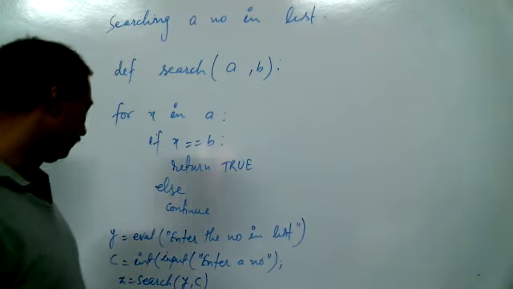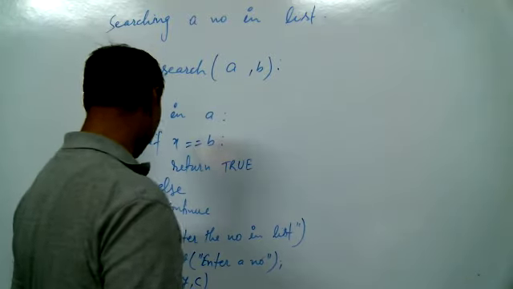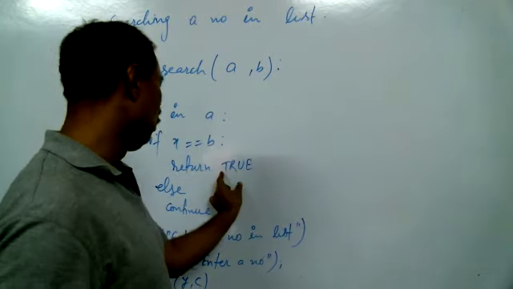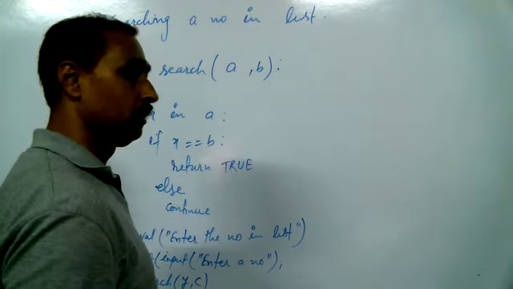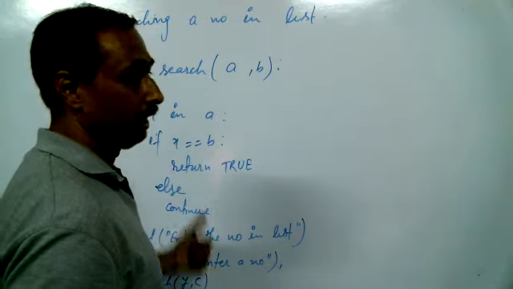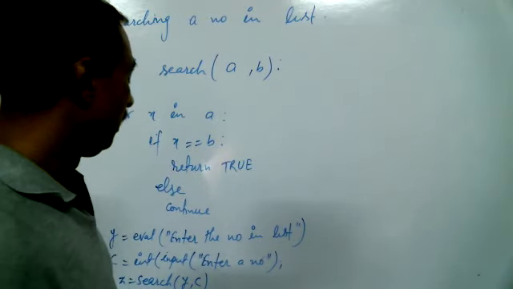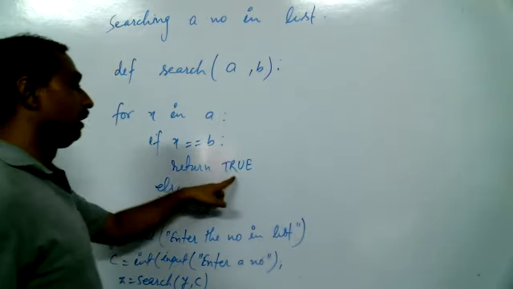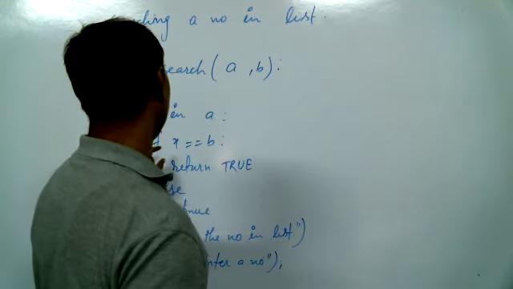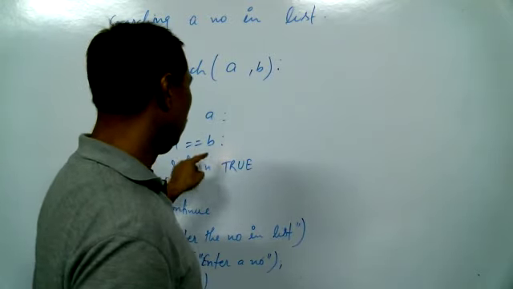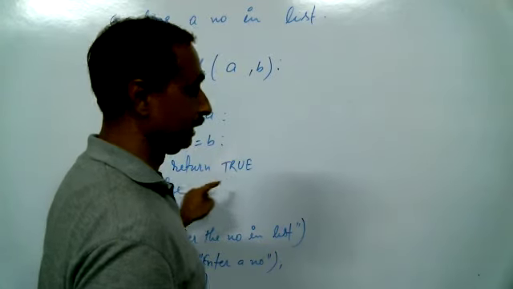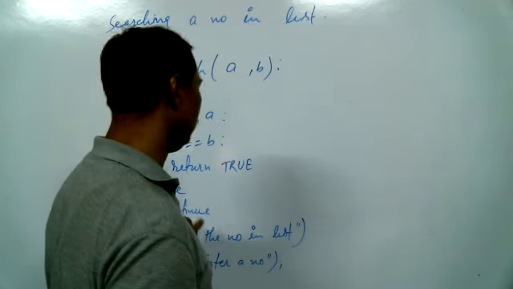After that, we'll check the value of z. If it is true, then the number is there in the list. Otherwise, the number is not there. Because when we get the number, we are returning true. Otherwise, the loop continues.